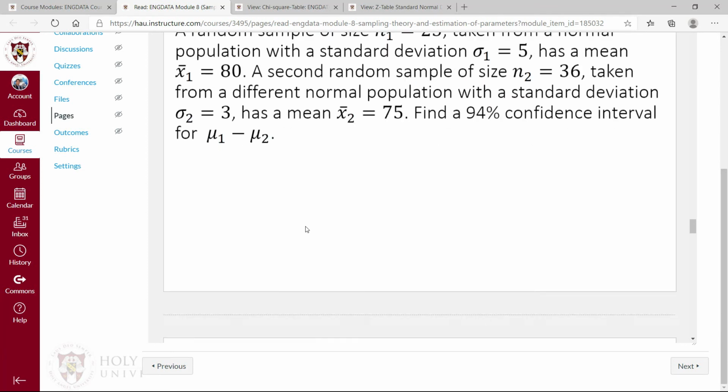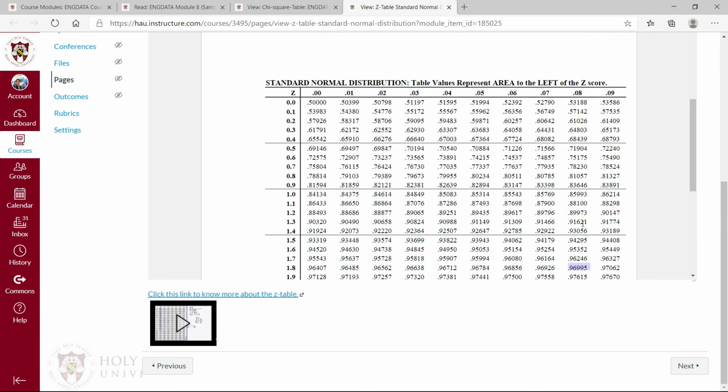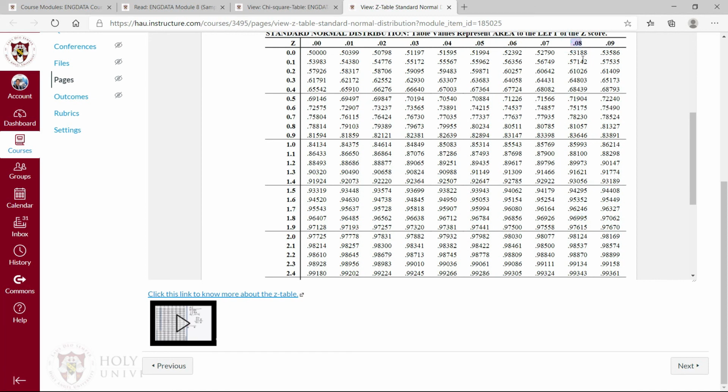On your Z table, 0.97, 0.9706, so probably I will choose this one, which gives 1.88.